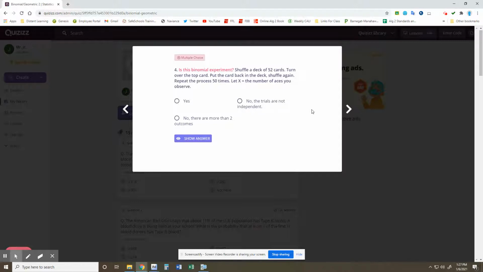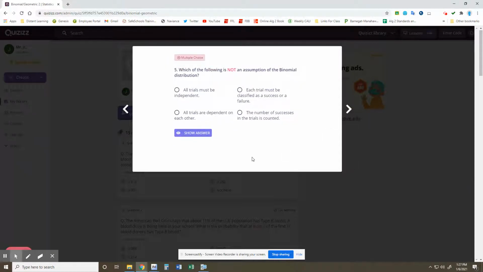So since it stays a 4 out of 52 chance, then the trials are what we call independent of each other. Yes, this is a binomial experiment. You have a set number of trials, 50, and X is just the number of successes that you're looking to get. And there's a 4 in 52 chance, which is your probability of success.